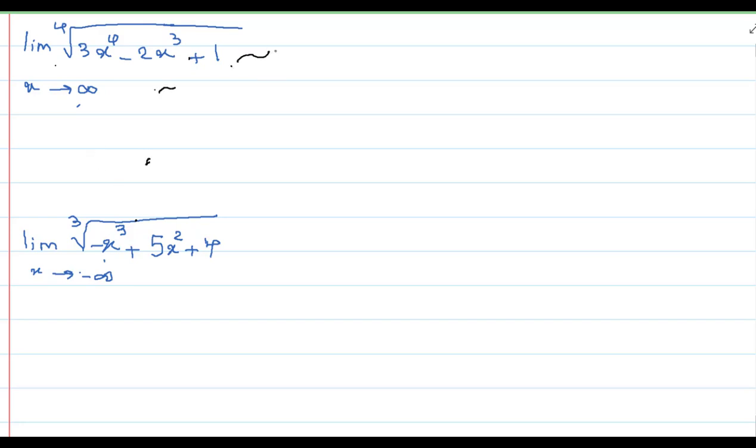to the limit, as 4 is an even number, so we can say positive and negative radical 4 of 3x, because 4 over 4 is 1, minus 2 over 3 times 4. So when x approaches positive infinity, it will be times positive and negative radicals, so we will get positive and negative infinity.